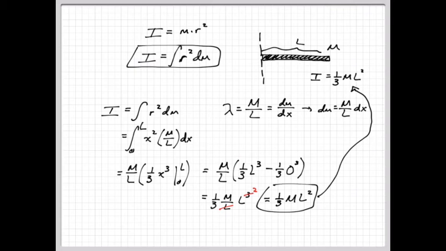Now the next thing is, what do you do if an object is rotating around a pivot that isn't defined in that table? In the table, for example, we had this stick rotating, and there were two options: you could either rotate it about the center, or rotate it about the end.